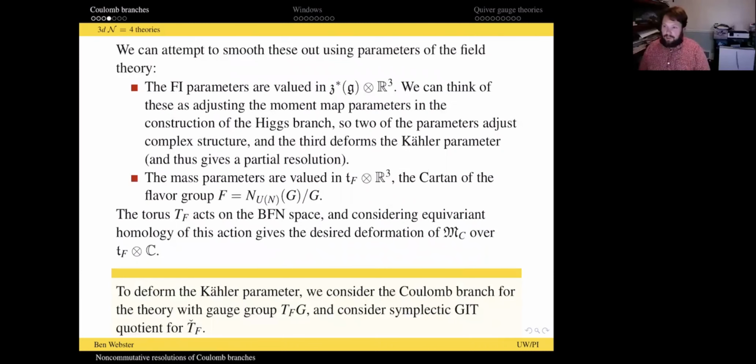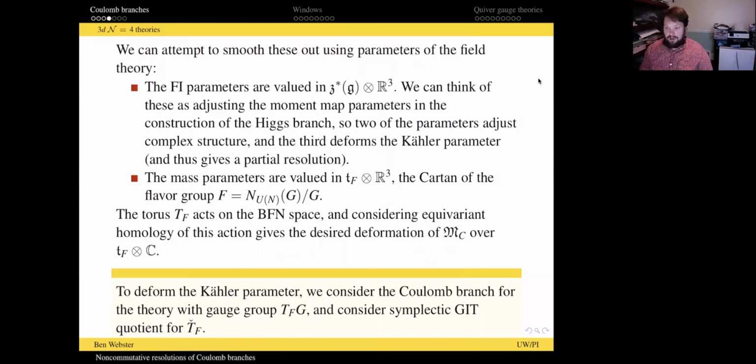So these spaces, one thing we can do that's pretty common is smooth them out by varying parameters of the field theory. There are things called FI parameters, valued in the dual of the center of the Lie algebra. Moving those around means that when I take this hyper-Hamiltonian quotient, I have to choose 3 moment map levels. So I can vary my moment map levels, and I will get different varieties.